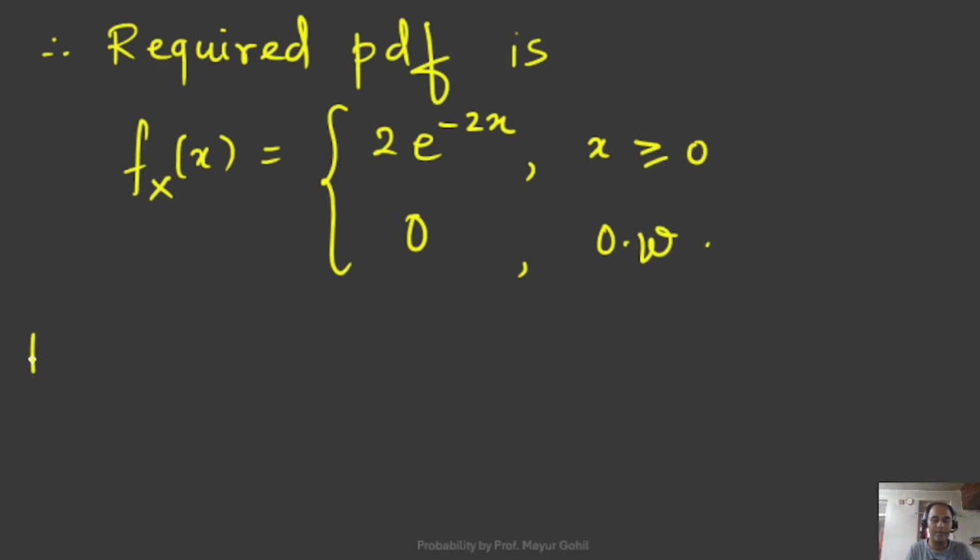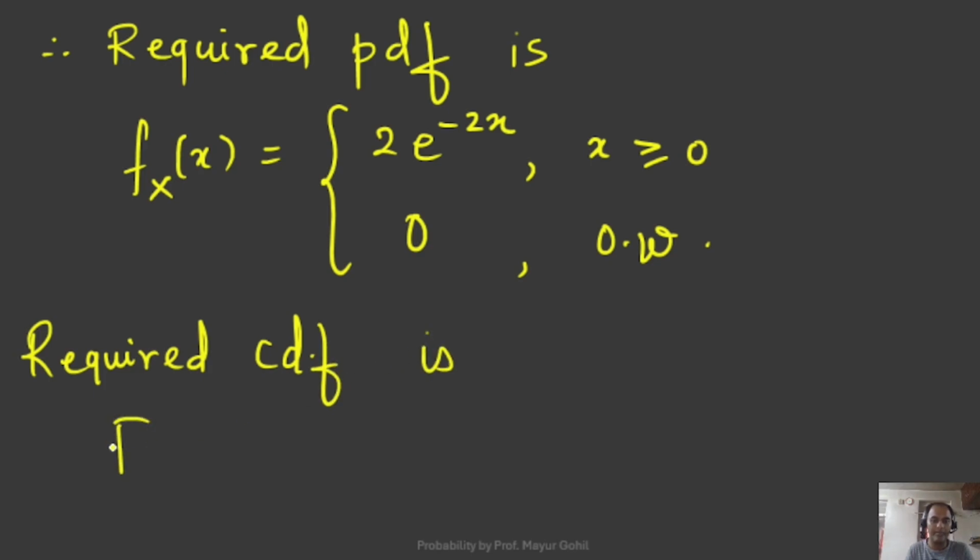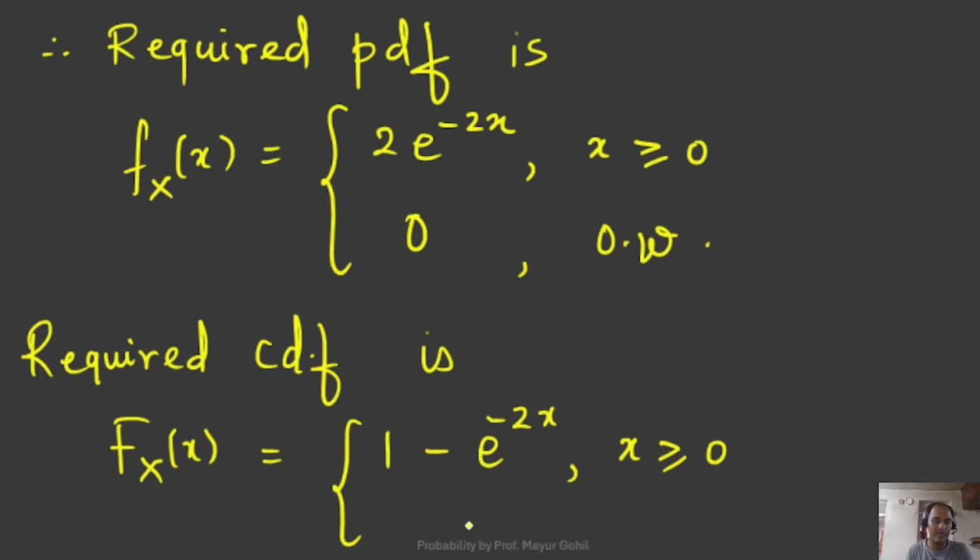And then the required CDF, capital F of x, equals 1 minus e raised to minus 2x, where x is greater than or equal to 0, and when x is less than 0, you will have 0.